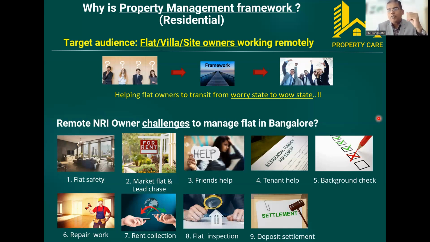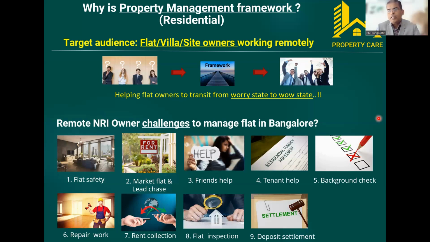Suppose a balcony door glass is broken by the tenant's children. So this is the tenant's fault, and he is supposed to pay for it and make sure it is properly done, so that the next tenant will not face such problems. And after verifying all those things, we will be the person who calculates the final settlement and settles it with the tenant.